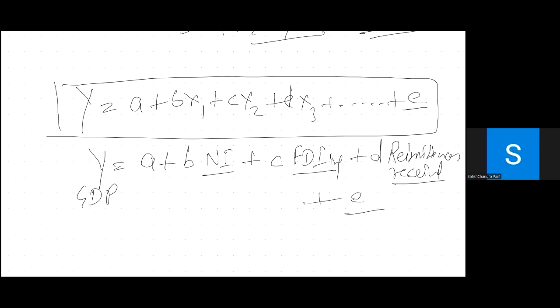What it means, and suppose the value of a we are assuming here is 10, and this 10 is 10 lakh, okay? So that means if we are putting national income as 0, there is no national income, right?